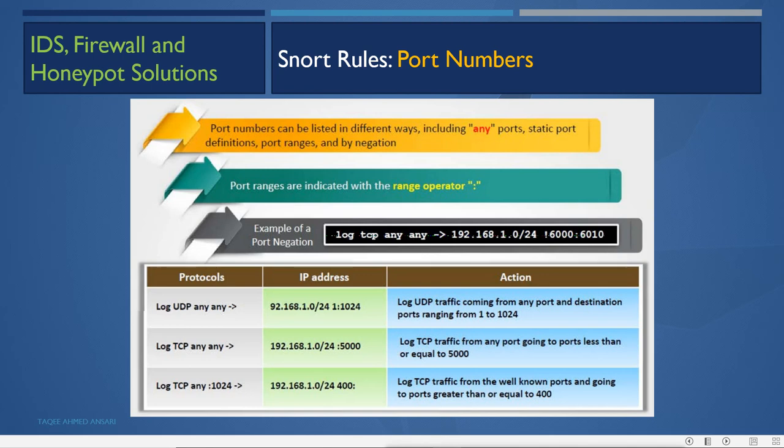We can say any for all the ports, and also if we want to mention a range of ports, we can do so by using this range operator. For example, we can see here it is saying from 6000 to 6010, from outside any IP any port to inside this network, and port number from 6000 to 6010.